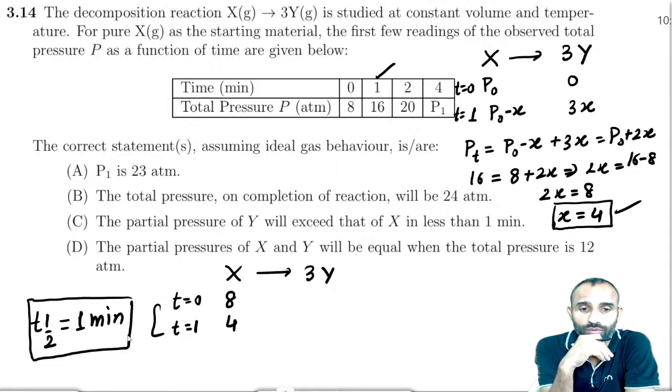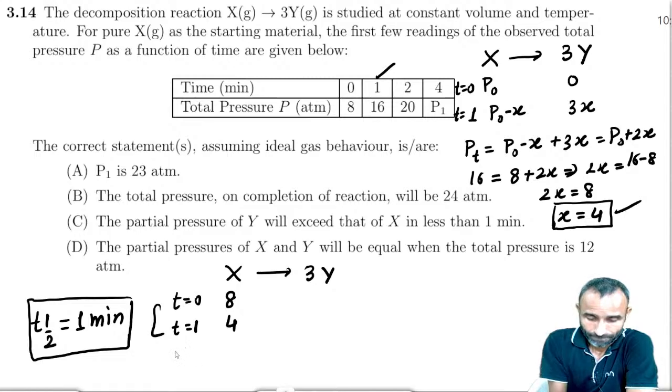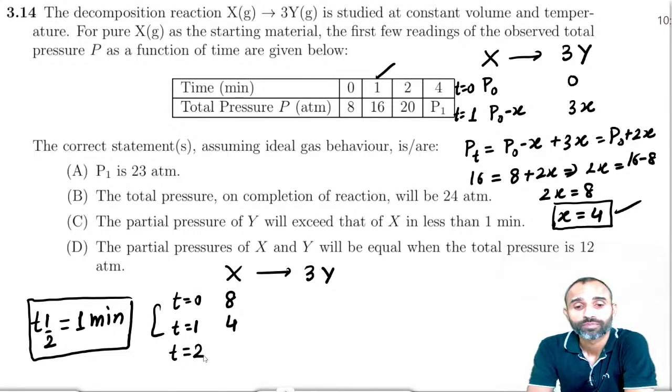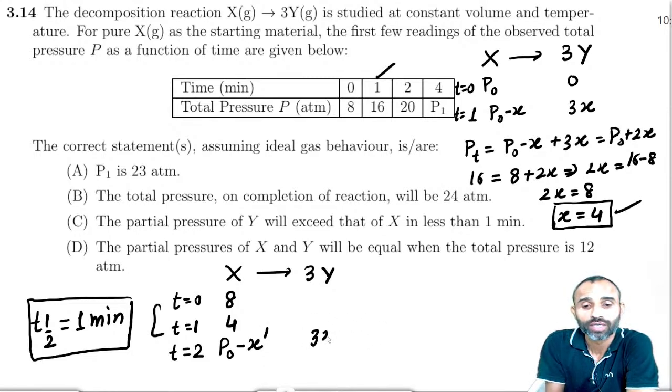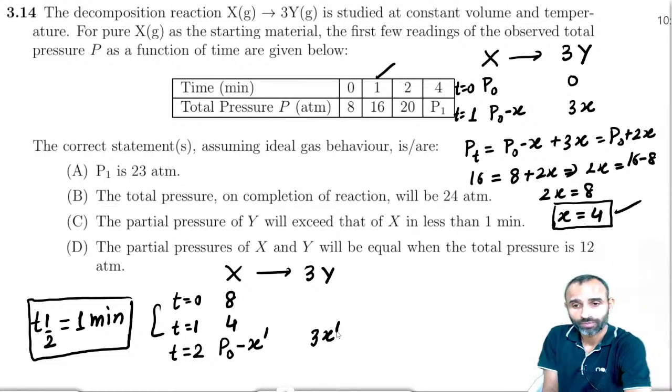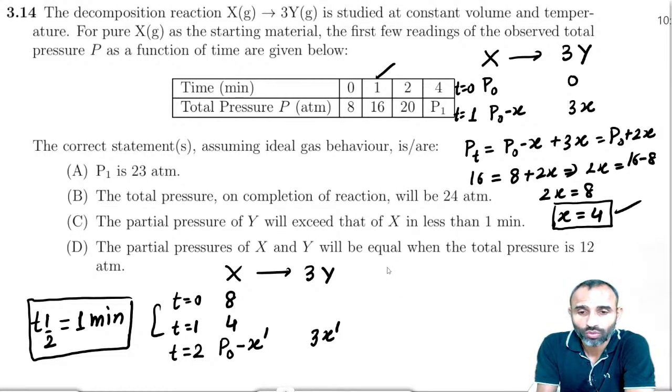Now what about next? After 2 minutes, let us say now it is P naught minus x dash, again total pressure now is P naught plus x dash.